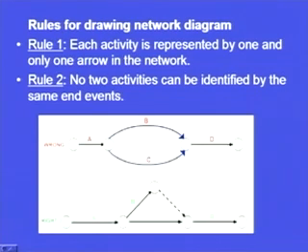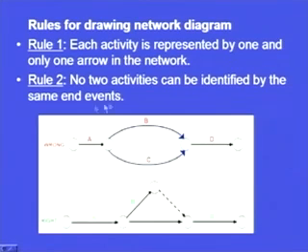In place of A, we can write A comma 3. This means activity A requires 3 days for accomplishment. So, A comma 3 is the representation of activity A. This is the representation of activity B, this is the representation of activity C, and this is the representation of activity D.